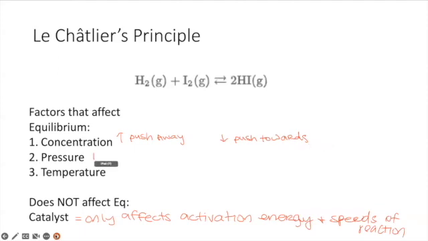Whereas an increase in pressure will push away, and a decrease in pressure will push towards. Temperature is a little bit tricky. This depends on if the reaction is exothermic or endothermic.